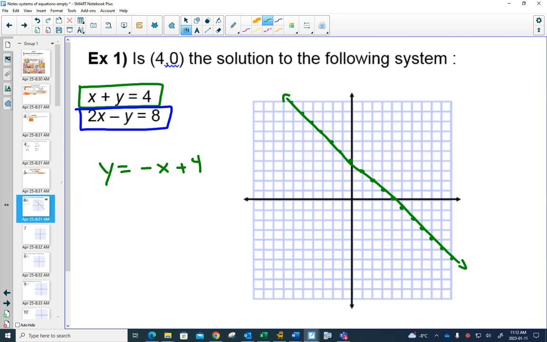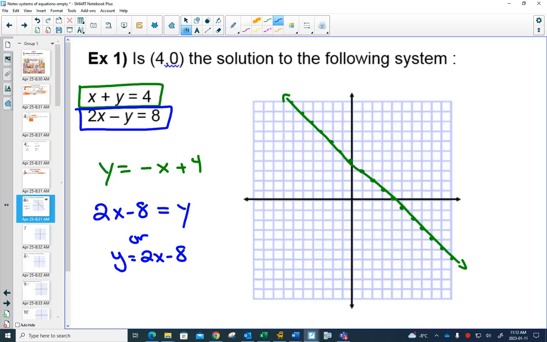My blue line. If I get the y by itself, can you see that you could add y to both sides to get the y on this side, and subtract the 8 on both sides. And so y equals mx plus b for the blue line would be y equals 2x minus 8.